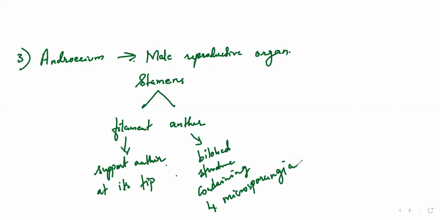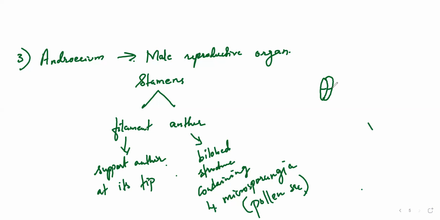This microsporangia is nothing but the pollen sac. If you see, this is how the anther looks like. Here there will be 4 parts like this, that is, 4 sporangia it will be having, from where the pollen grains will be formed.